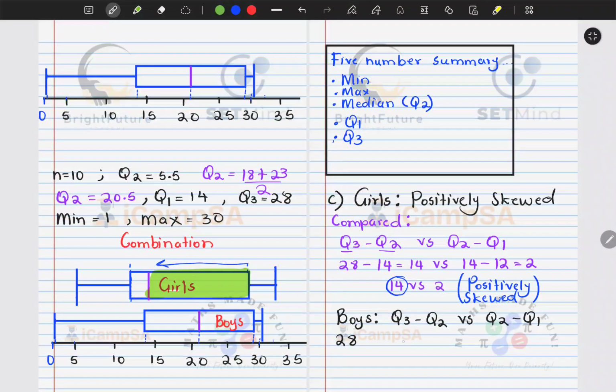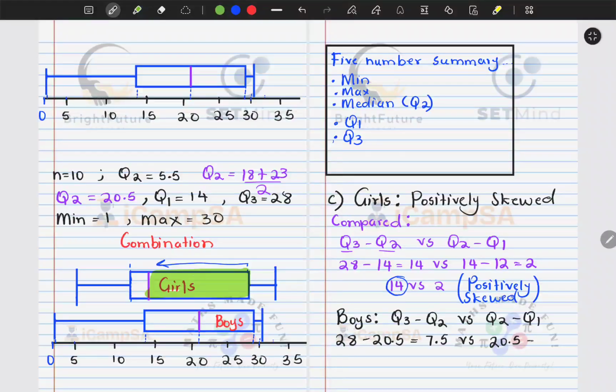So it's 28 minus, for the boys, we are minusing Q2, which is 20.5. And that will simply be 28 minus 20.5, and that becomes 7.5. And this will be versus 20.5 minus Q1.